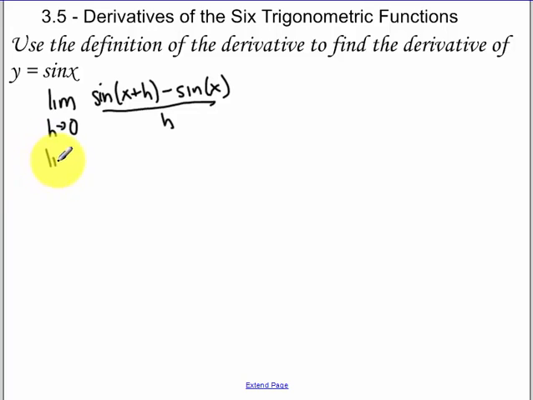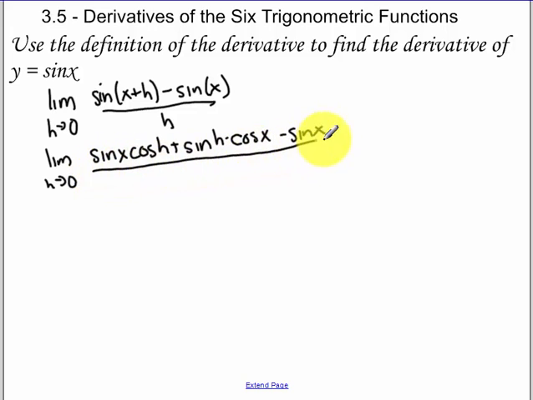Now you have to remember your sum and difference identities. So then we have sine of h times cosine x minus sine of x all over h. Now what I'm going to do is group together this term and factor out a sine.